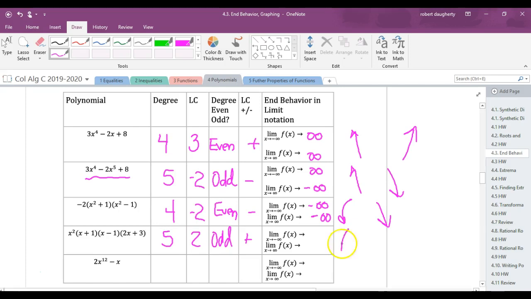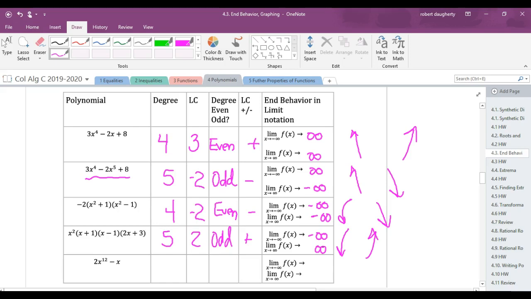So it means it's going to go down over here and up over here, okay? You've got a 1 times 1 times 1 times 2, okay? So it's a positive coefficient. Odd is going to look like x cubed. So what's the answer to these two questions? Yeah, negative infinity, positive infinity.